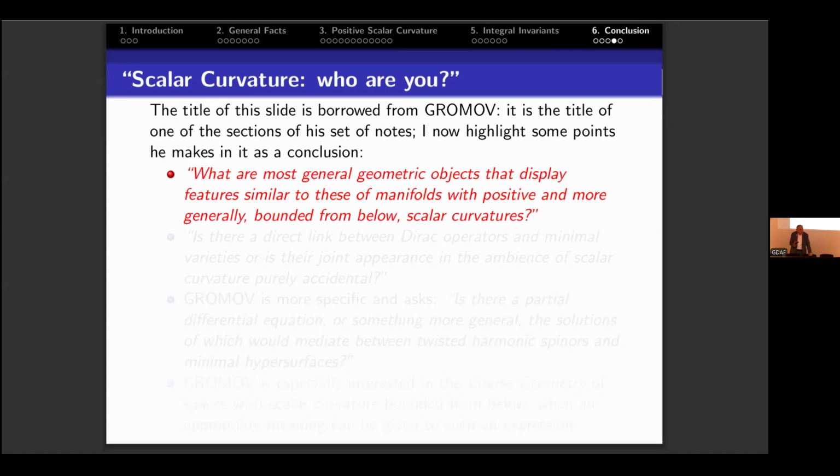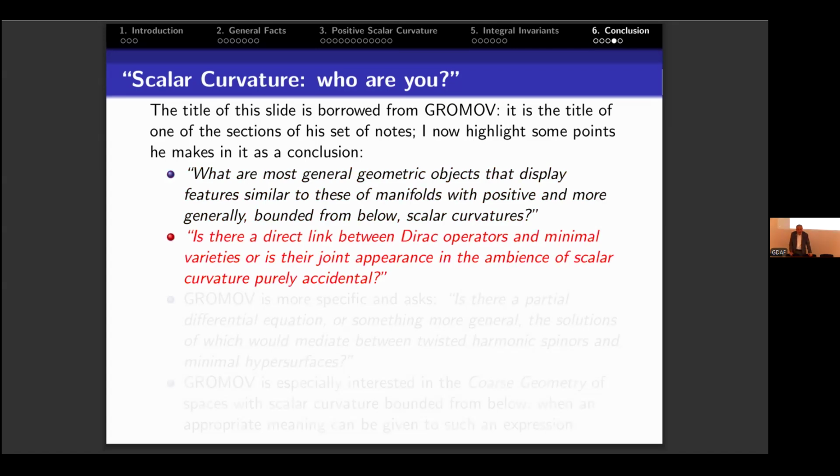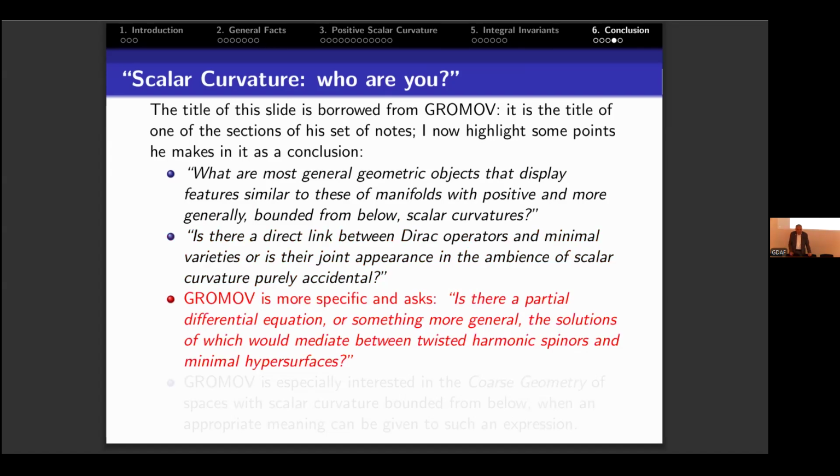Even look at metric spaces. What do you need to request? Is there a direct link between Dirac operators, which a priori, to make sense of Dirac operators, you have to compute the derivative, and minimal varieties, which appear jointly in the ambience of scalar curvature? Is that purely accidental, or is there a link between the two? Nobody knows. For the moment, there is no link shown. And to finish, a more explicit question.